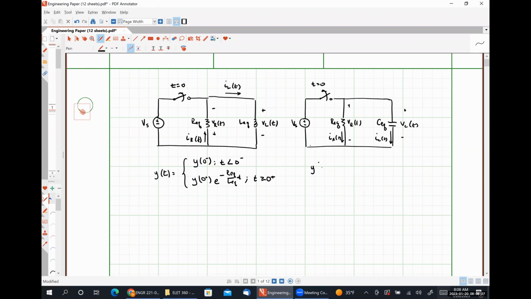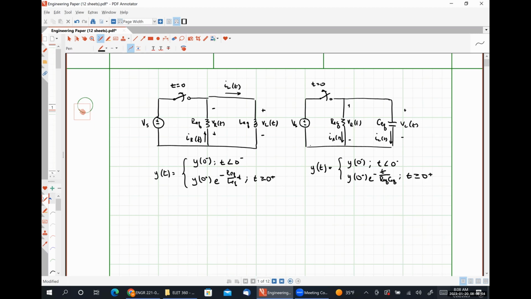In this case, every voltage and current in our system will be of the form y of 0 minus for t less than 0 minus, and y of 0 plus times e to the negative t divided by REQ times CEQ for t greater than or equal to 0 plus.